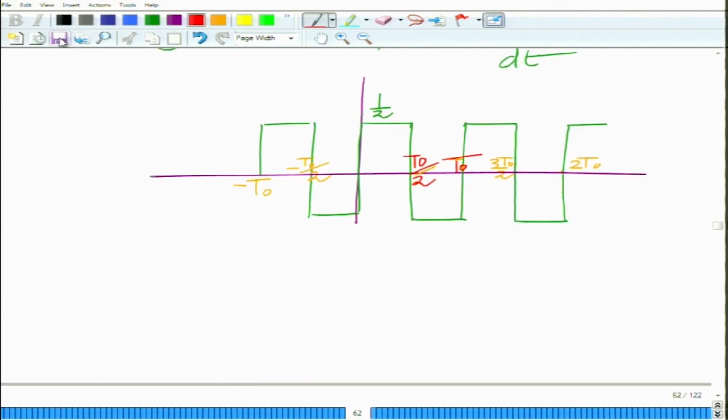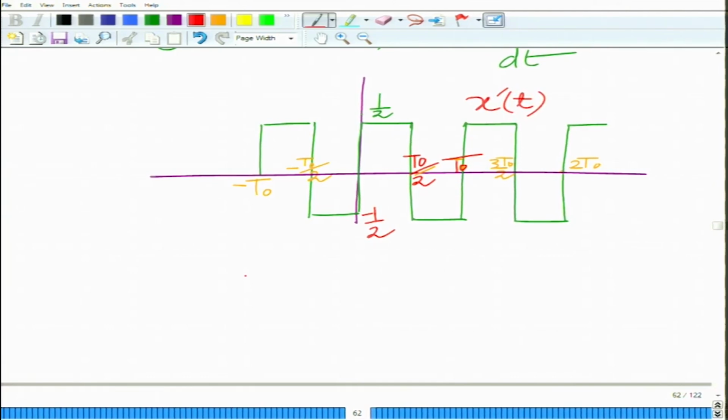So, we get a periodic square wave. This has a positive peak of half and a negative peak of minus half. So, this is your x prime t. You can see this is very close to the periodic square wave that we have seen before.